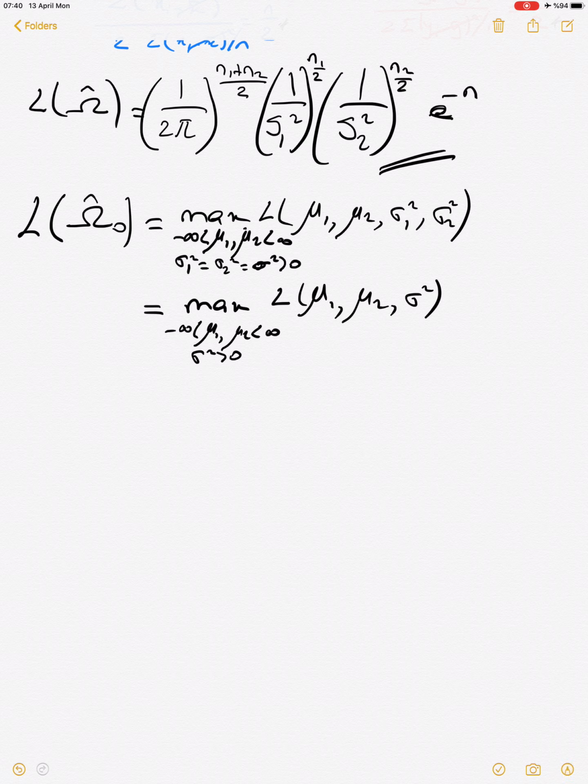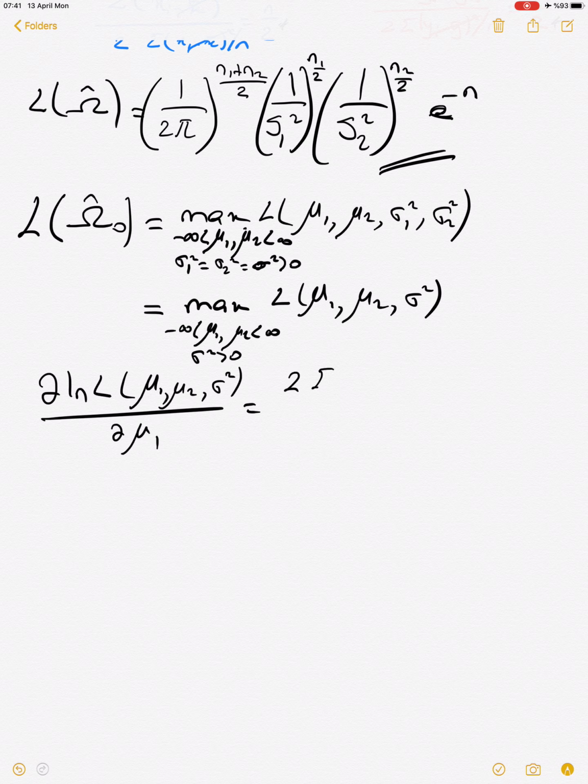You know the MLE of mu1 and mu2; we need the MLE of sigma square. When we maximize the log likelihood, taking the derivative with respect to mu1, we have 2 times summation xi minus mu1 over 2 sigma square equated to 0.